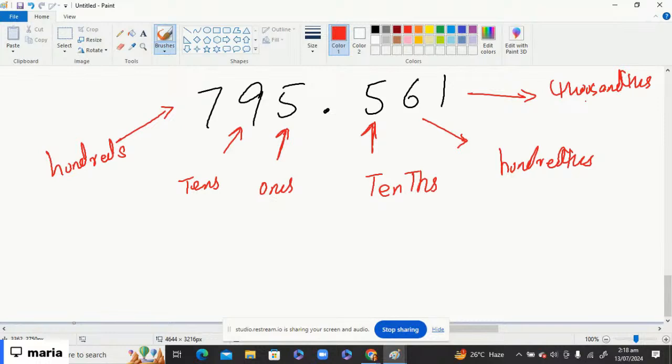So these are all like that. Understand or not? So this is the difference between ones and tens, and tenths, hundredths and hundreds. And after the decimal, we start from tenths, not tens. Okay?